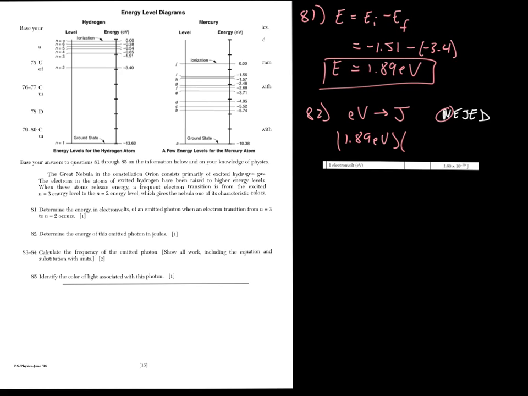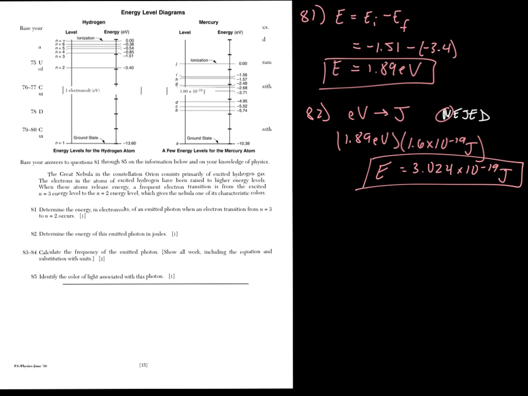So taking a look right here, 1 electron volt equals 1.6 times 10 to the negative 19 joules. So that's the number we're going to multiply by, 1.6 times 10 to the negative 19 joules. Multiply those together and you get approximately 3.024 times 10 to the negative 19 joules. And that's our answer. That's all you need to do.